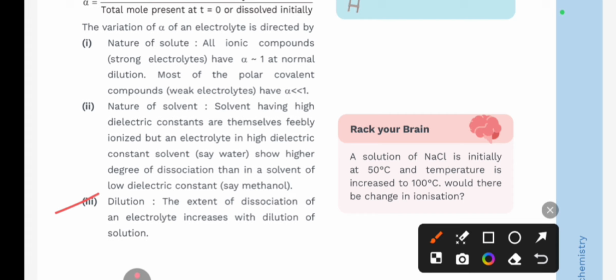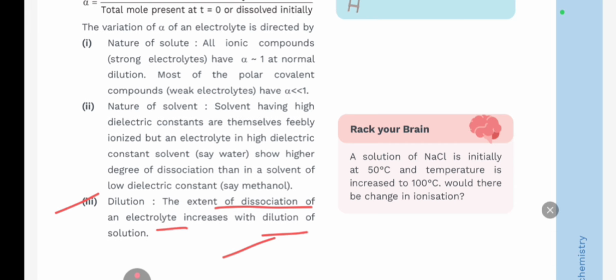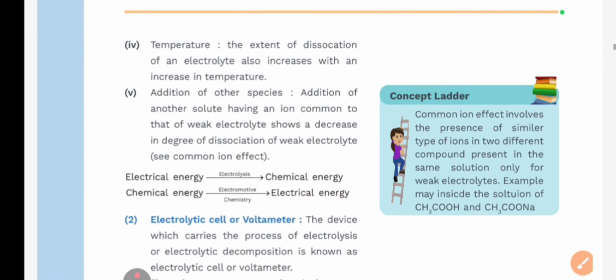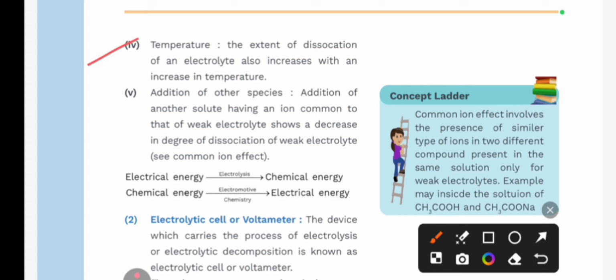The next factor is dilution. The extent of dissociation of an electrolyte also depends upon dilution. With increase in dilution, if you add water, more and more dissociation will take place and the conducting power will increase. The next factor is temperature. Dissociation power will increase with increase in temperature also.